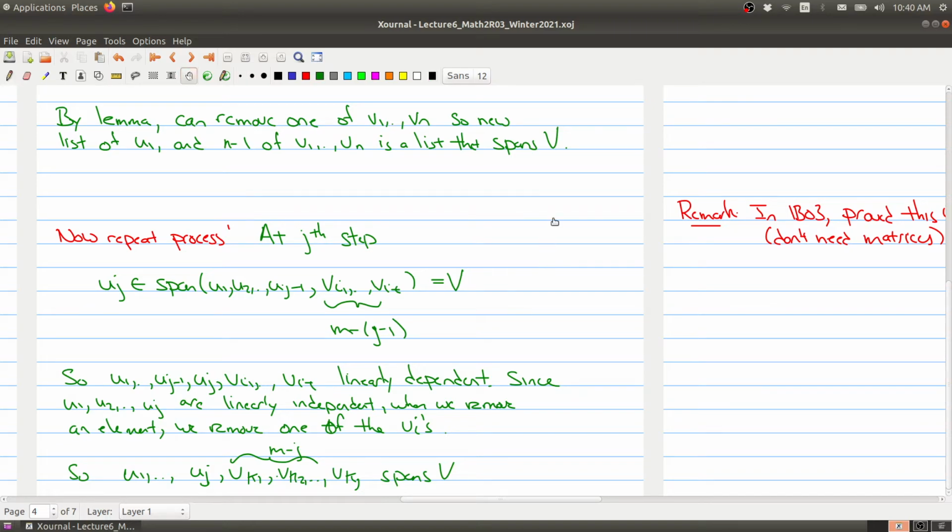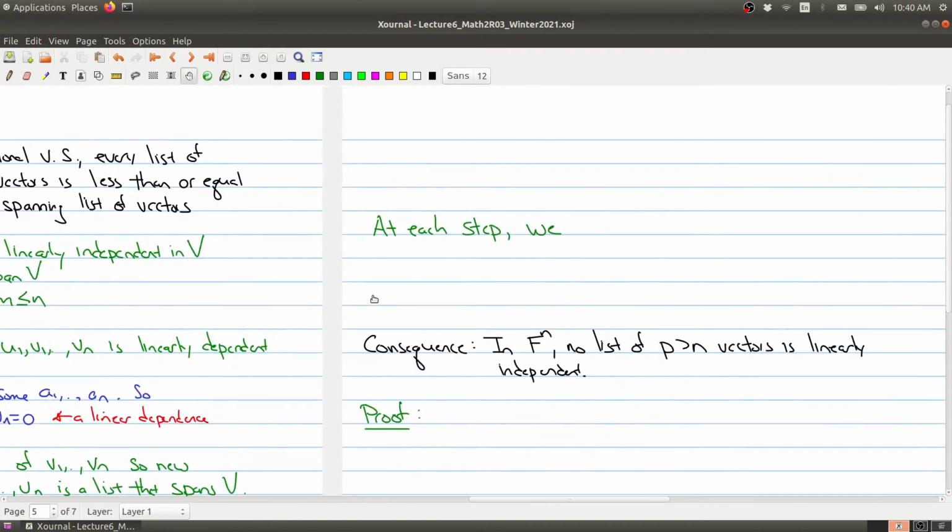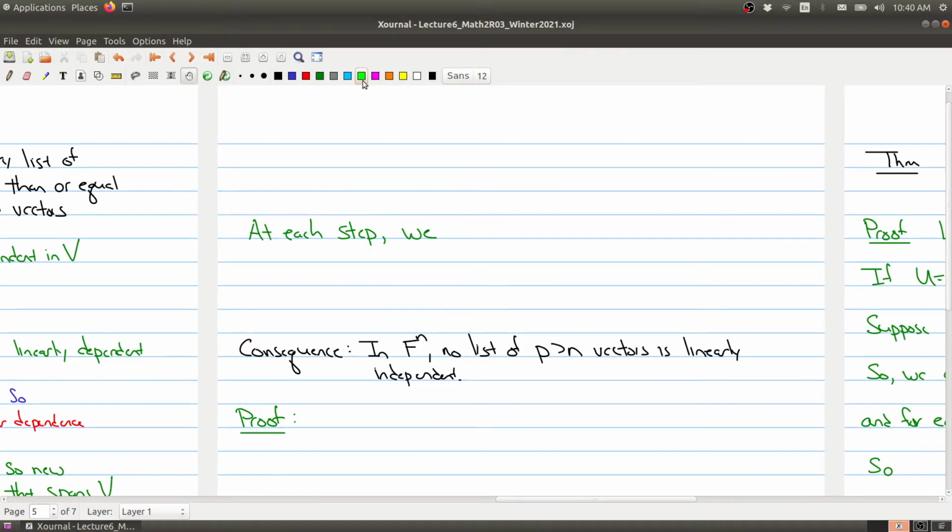And what we're doing is at each step, we remove one VI and add one UJ. And at every step, we're able to remove one VI and add a UJ.